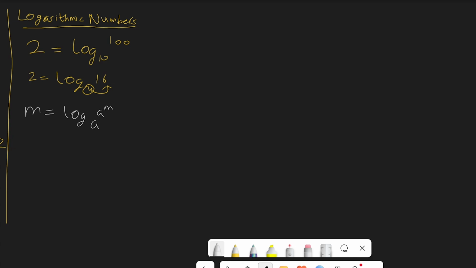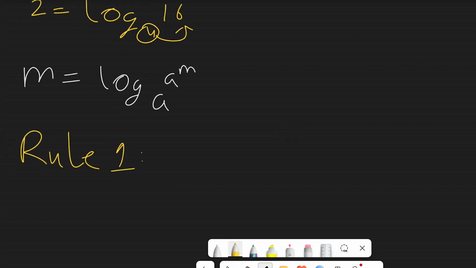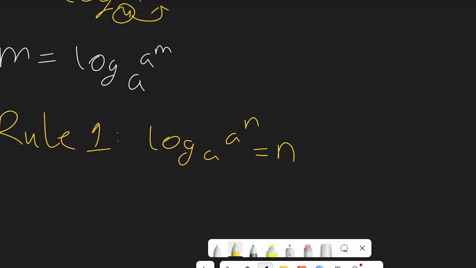General rules of logarithm include rule number 1, that as we see over here, log of a^n is equal to n. Basically, a log consists of a base and then a power, or it could be represented as log of a to the base a.